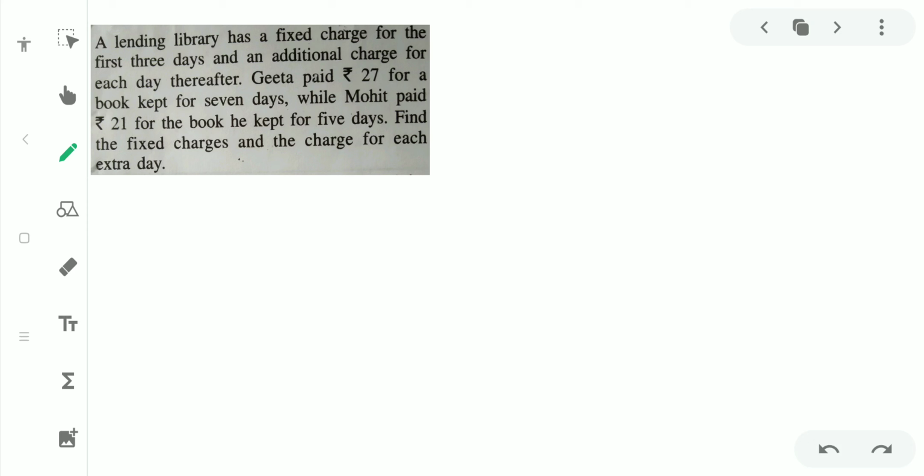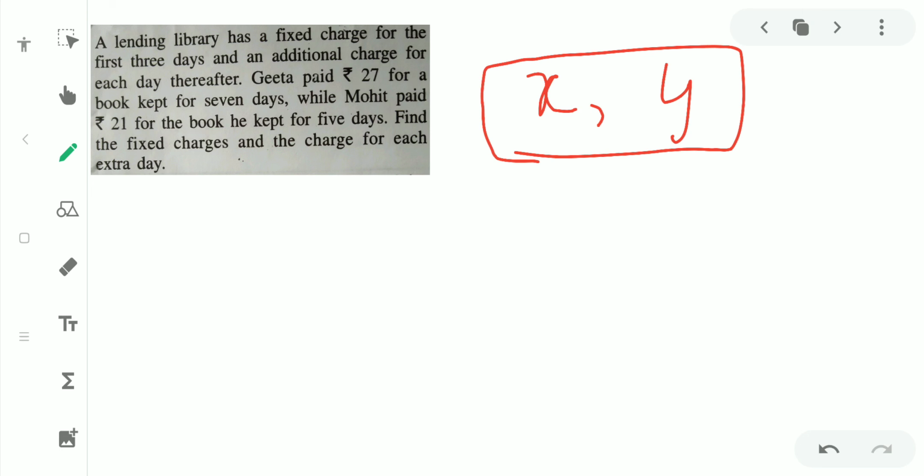and the charge for each extra day, that is from the 4th day onwards. So let us take fixed charges equal to x, and the extra charge for each extra day equal to y.